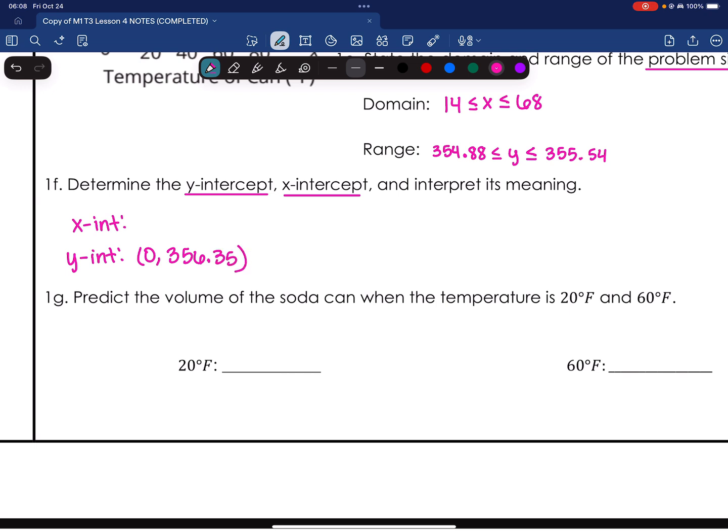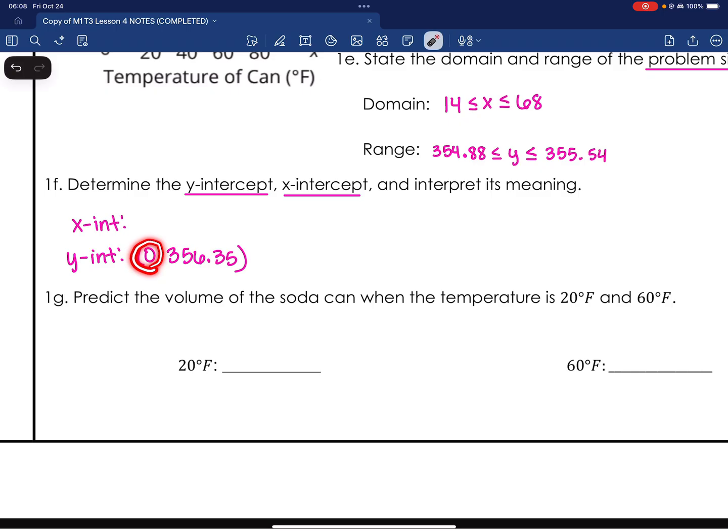Now, we need to interpret the meaning of this. What does x represent? What does y represent? X represents the temperature. Y represents the volume.